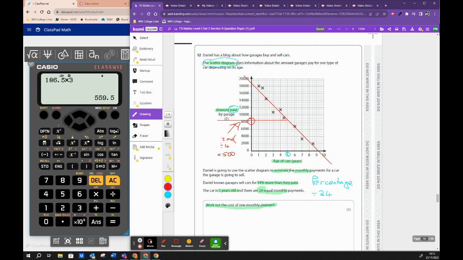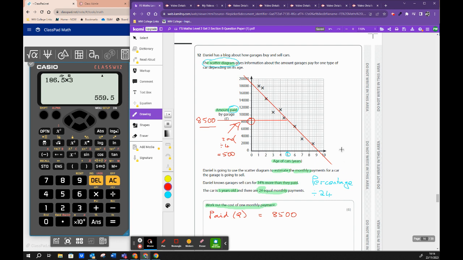So 8,000 plus one of the steps is 8,500. And it's absolutely okay for me to show my working on the graph here, because that helps the examiner see that I know what I'm doing. Okay, so the amount paid by the garage is 8,500.